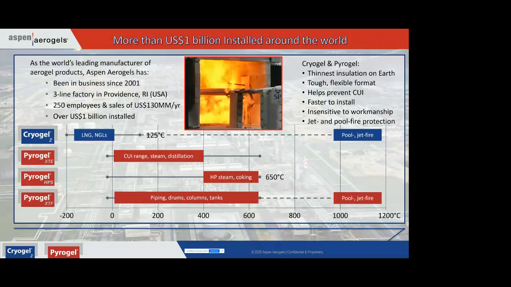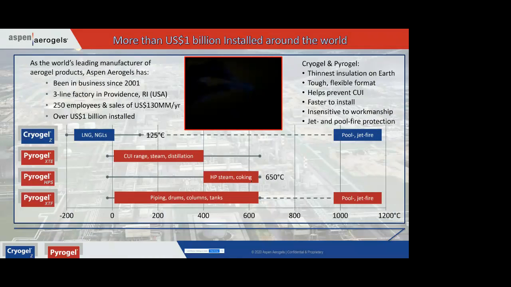And the key thing here is that we actually weren't the people that invented aerogel. It's been around since the 1930s. We managed to use our patented technology to encapsulate that aerogel into these blankets that are being used around the world. Aspen Aerogel was formed in 2001. It was actually a spin-off from NASA, where the product was originally used in space suits and other NASA technology.